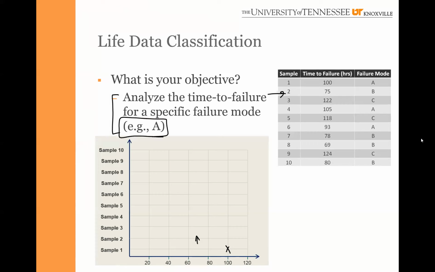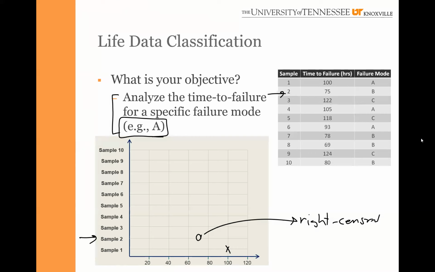I'm only interested in type A, right? Mode A. So it is right censored. Why is it right censored? Because I know that it would have failed by A at some point after this point, right? So it's right censored.